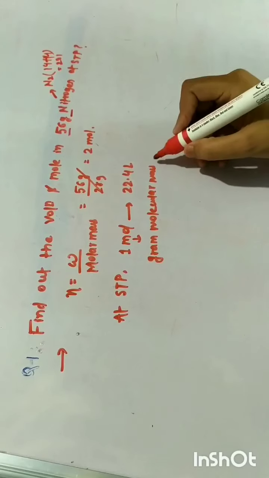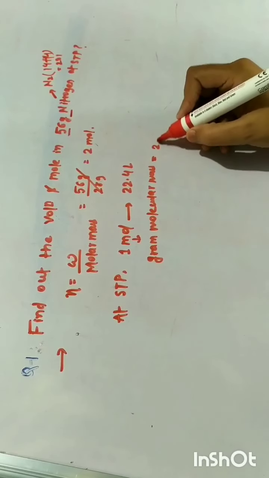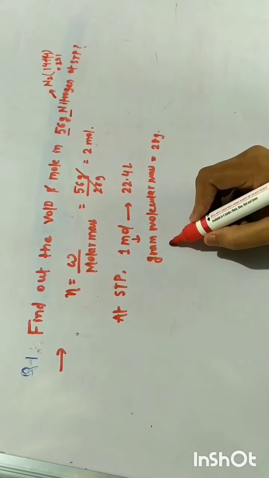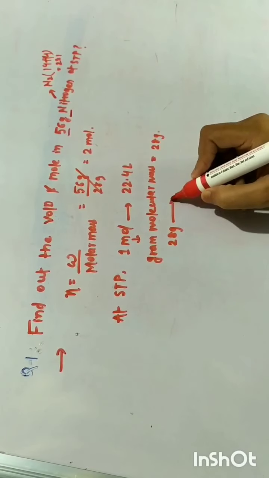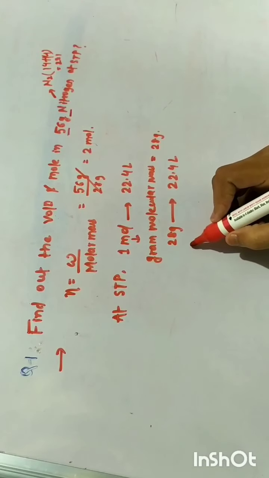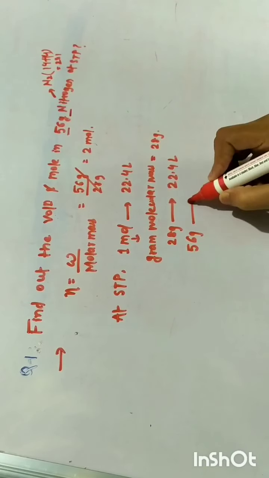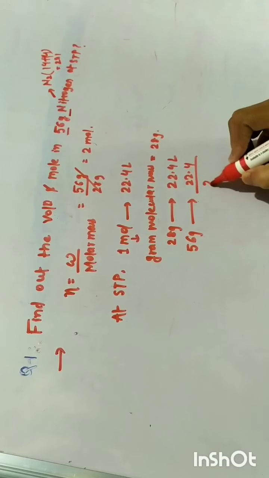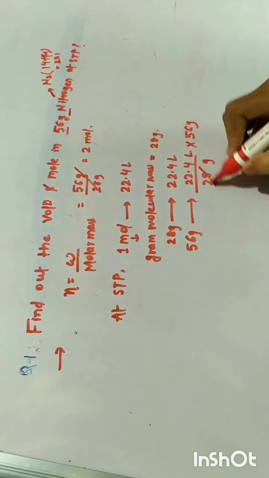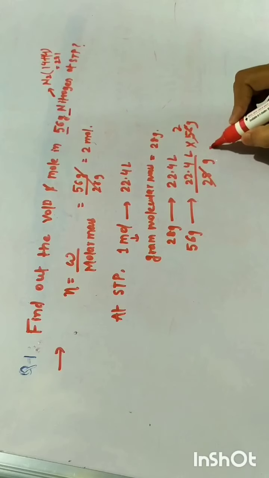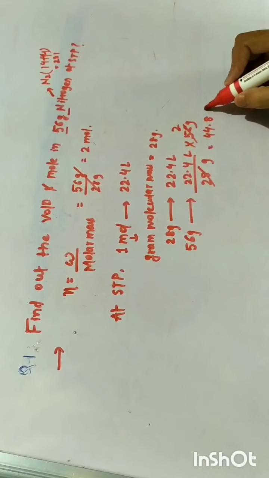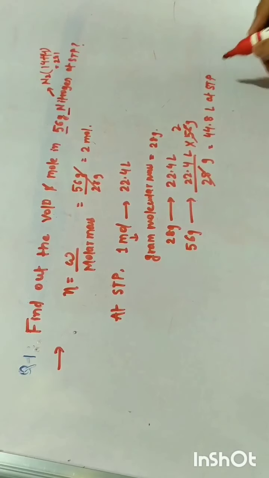Here the gram molecular mass of nitrogen is 28 gram. So 28 gram of N2 will occupy 22.4 liter in volume. So 56 gram will occupy 22.4 by 28 into 56 liter. 28 cancels out, 2 times 22.4, that is 44.8 liter at STP.